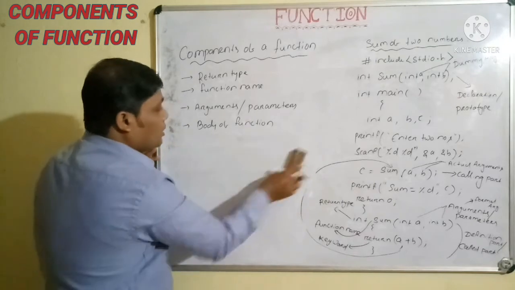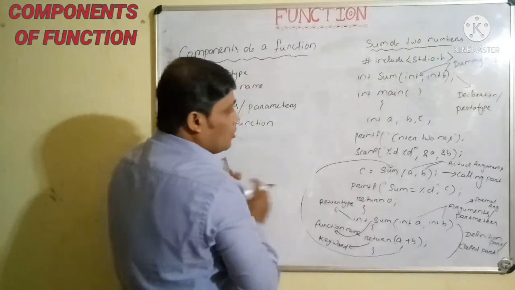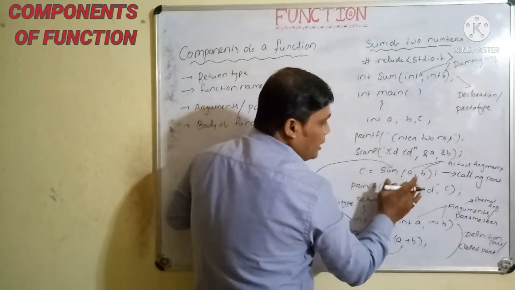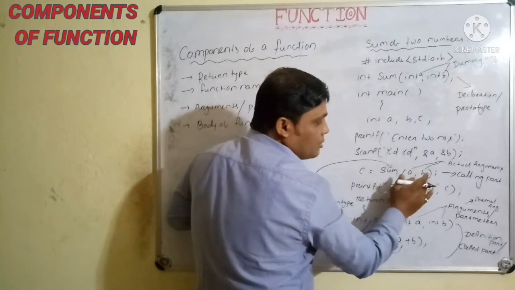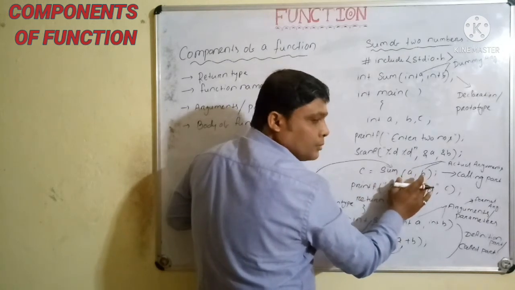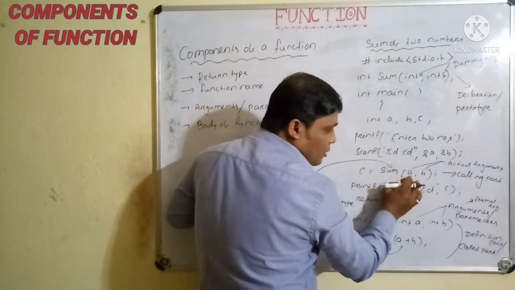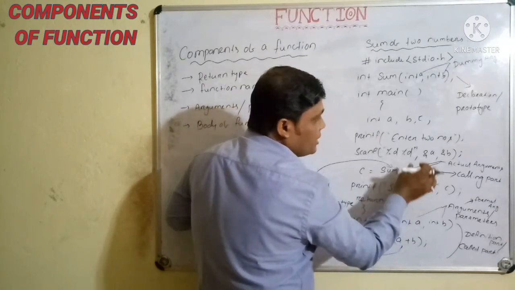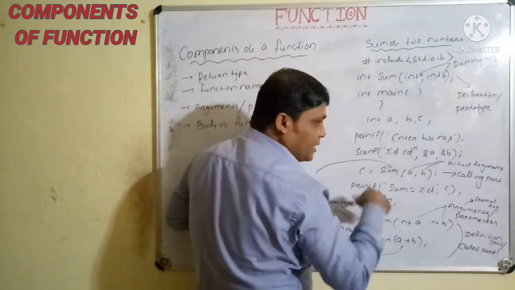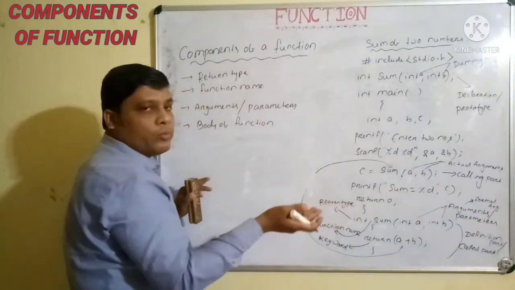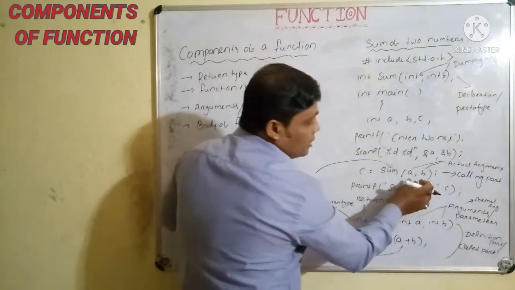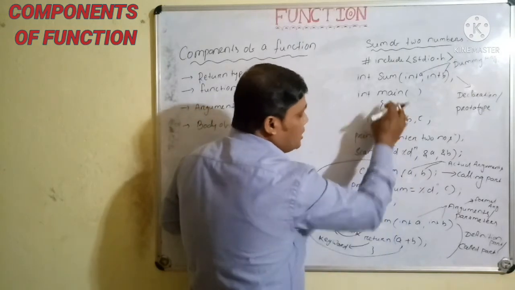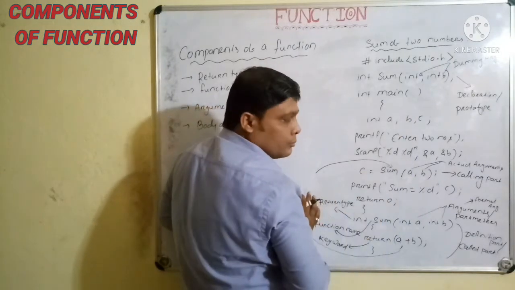Now see, when we are calling some function, we are passing some argument. Clear? This argument, A and B, these are the local variables. We will discuss what is local variable, what is global variable in the next video. This is local variable to this main function.